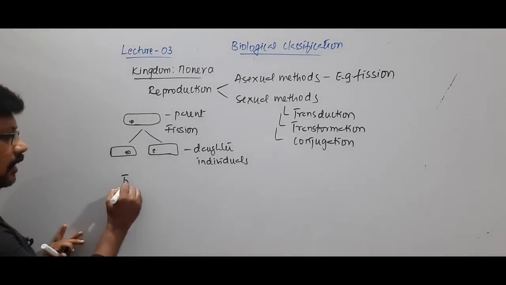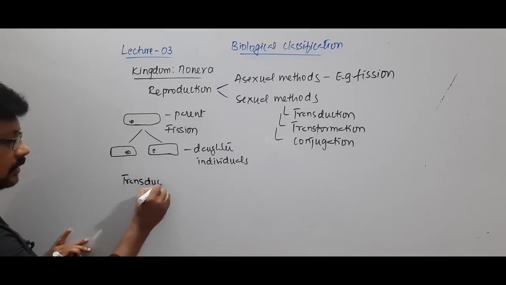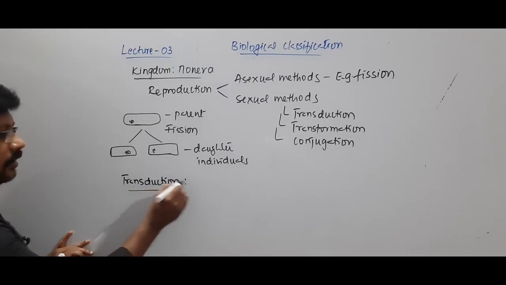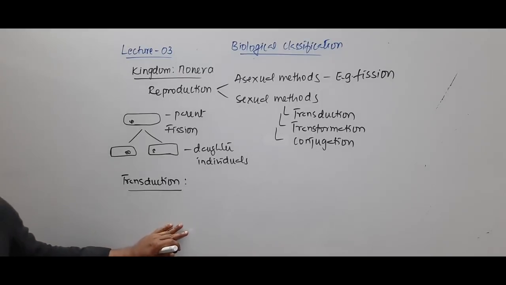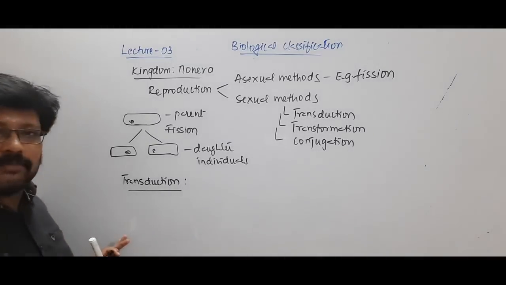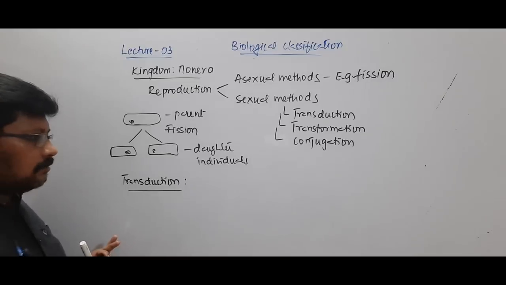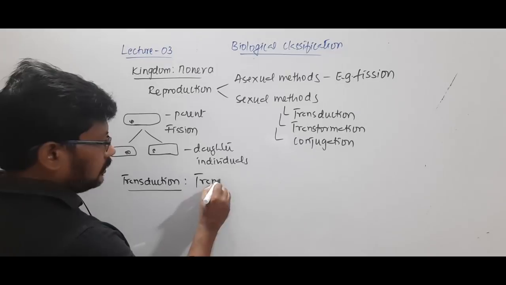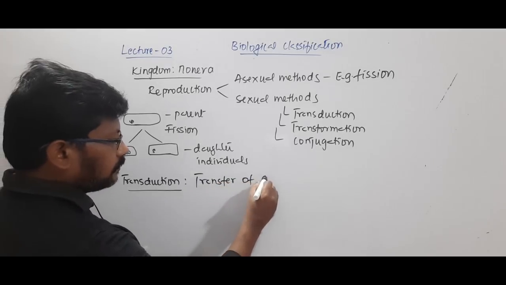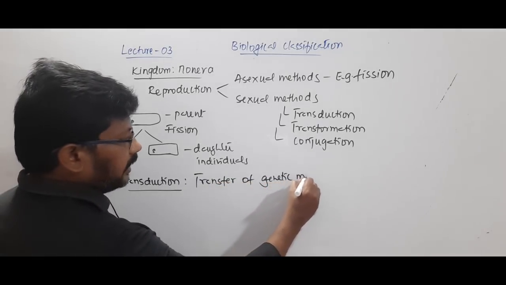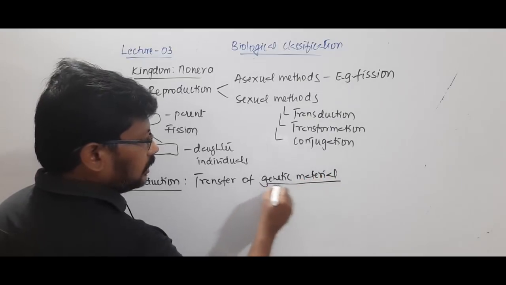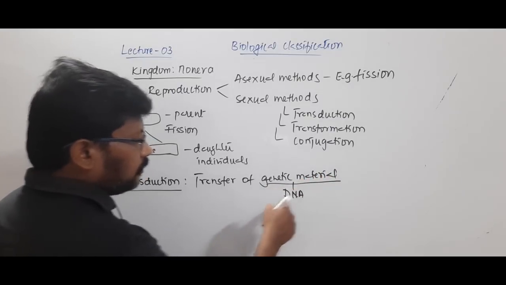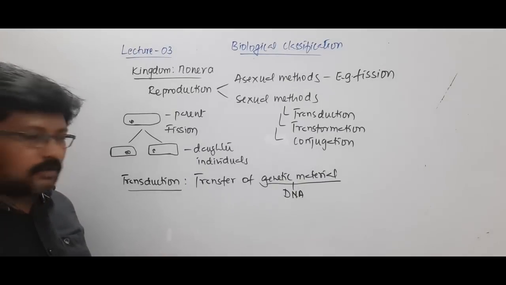So let's see what exactly transduction is. Transduction means the transfer of genetic material from one bacterium to another bacterium through a virus. This genetic material is DNA. We know the full form of DNA is deoxyribonucleic acid.